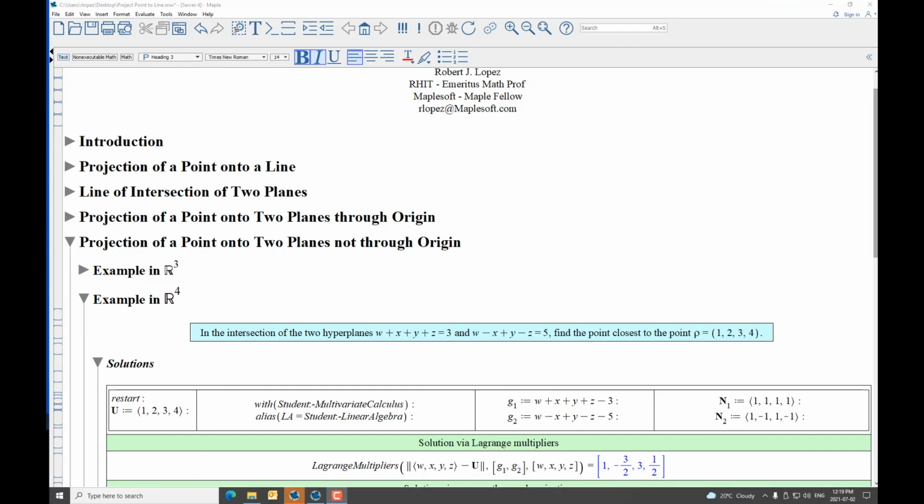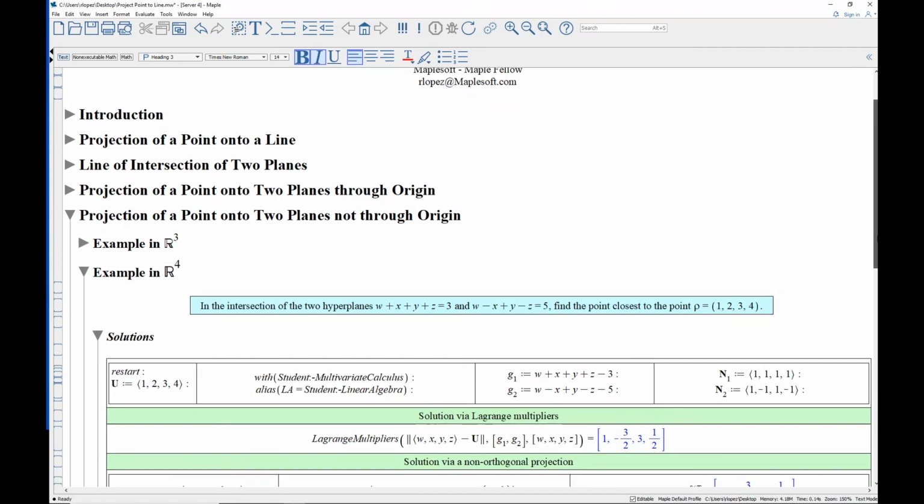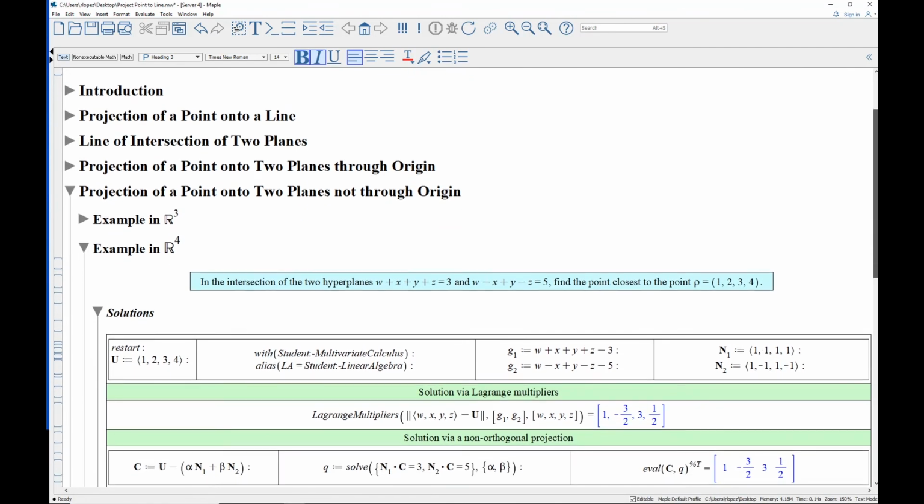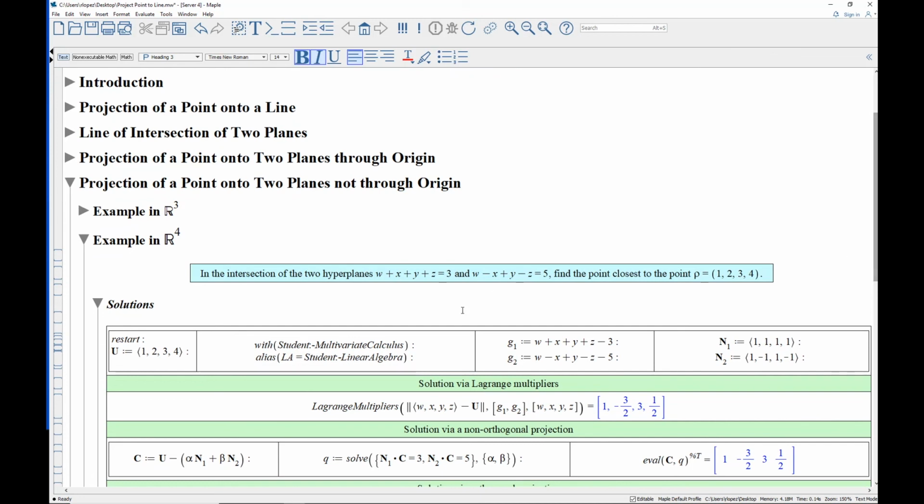Now, can we get a solution by this non-orthogonal projection technique? The calculations should be the same as they were for the example in 3D where we could draw pictures. A linear combination of the normal vectors gives us a vector equivalent to the orange vector. Subtract, that's the vector c.